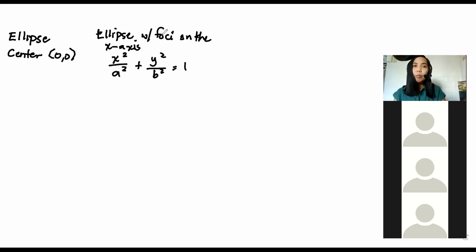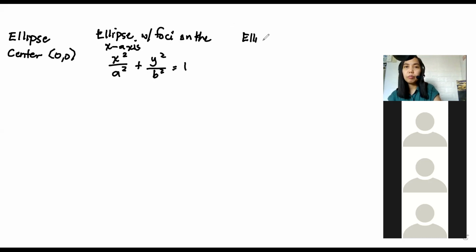If this is the standard form, the foci are on the x-axis. It means that the major axis is along the x-axis. So titingnan nyo lagi kung nasan si a, nandoon ang major axis. Dito ang denominator ng x squared ay a squared. Therefore, the foci are on the x-axis.